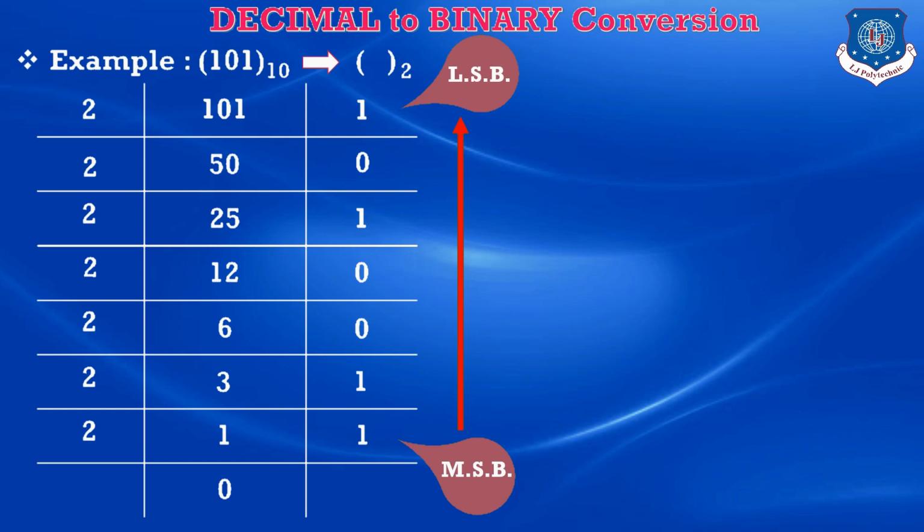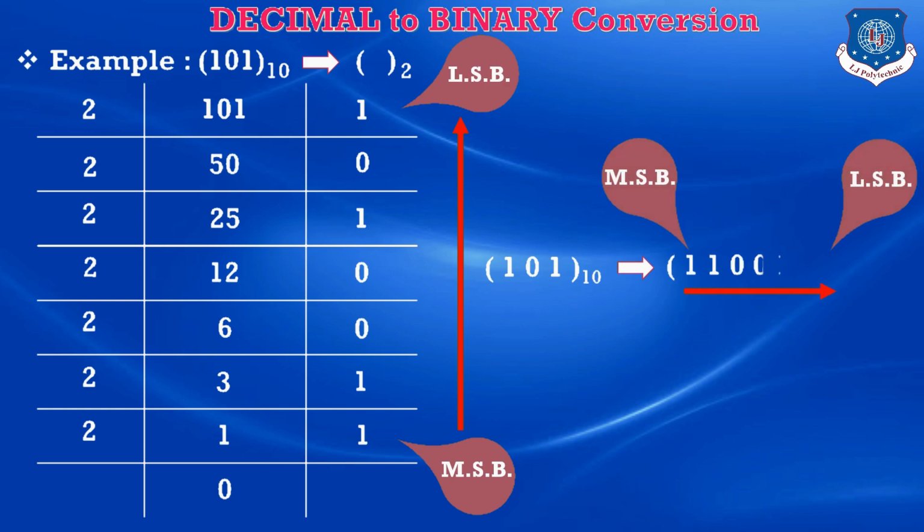So now we get the answer: 101 of the decimal number is converted into binary form like this, 1100101. According to the arrow you have to write your answer, and you must place the MSB and LSB in their particular places.